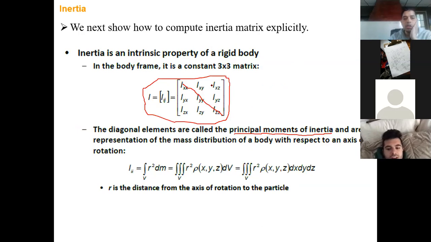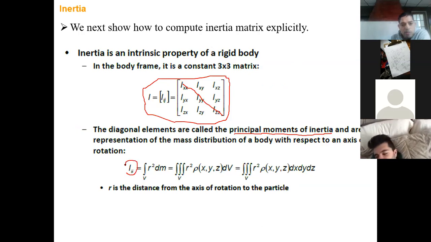All right, so now before I go to the next slide, let me define what I is. What do I mean by this? This I could be Ixx, Iyy, Izz. That's how they are defined. I'm trying to define this diagonal component, so whether it is Ixx or Iyy or Izz, you define it this way.